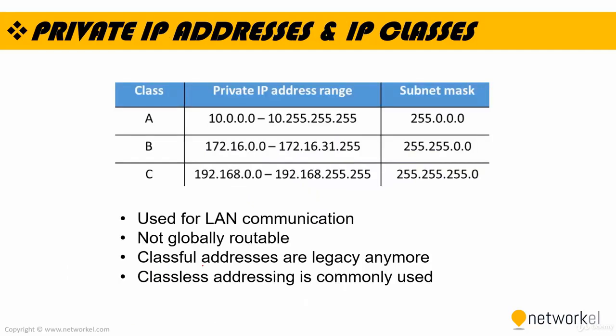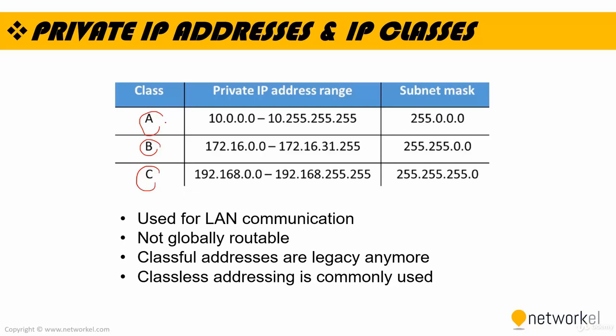And here are the private IP addresses and IP classes. These private IP addresses are used for local area network communication and they are not globally routable. That means I cannot use this IP address range on the internet because they are not globally routable. And we have class A, class B, and class C IP addresses, but classful addressing is legacy anymore.